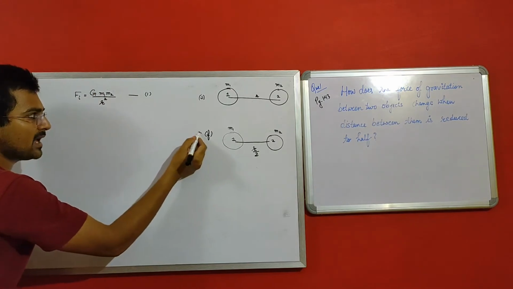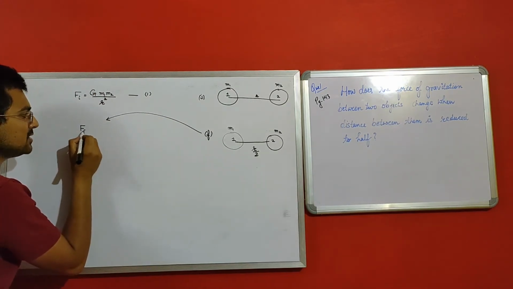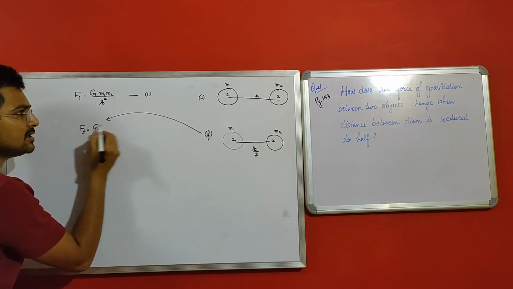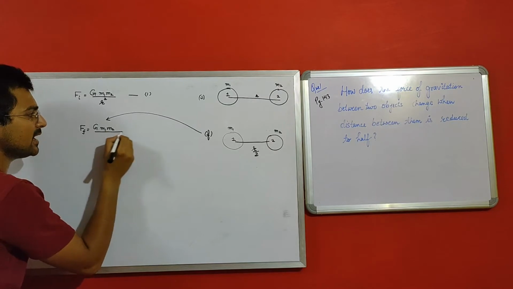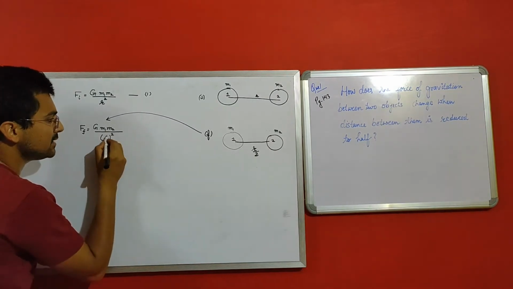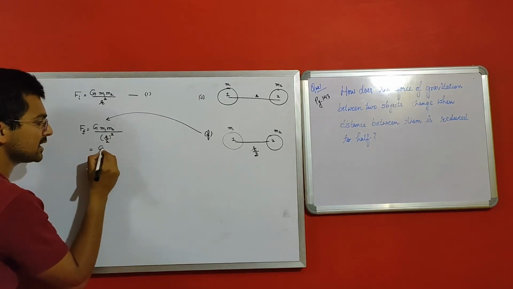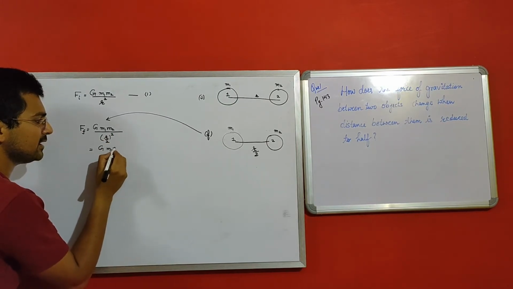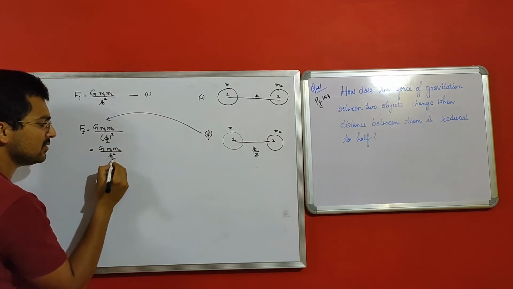Now applying the force of gravitation to the final case. Therefore, we have final force equal to capital G times the product of masses m1 m2 divided by the square of the distance between them. What about the distance between them? R by 2. Therefore, this force will become capital G m1 m2 divided by r square by 4.